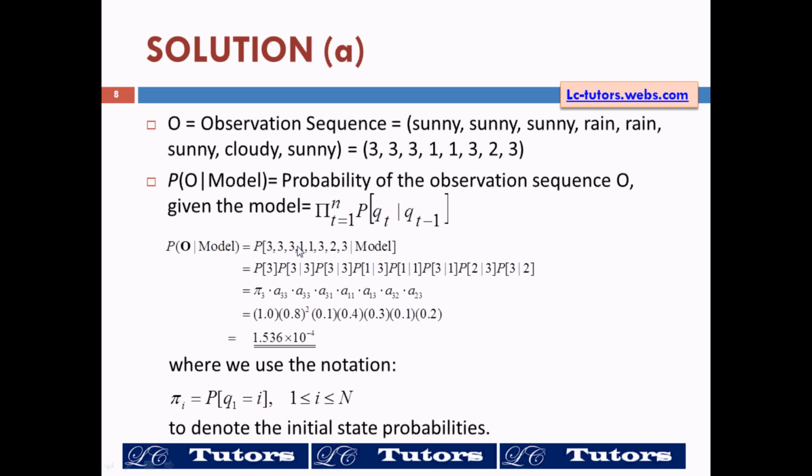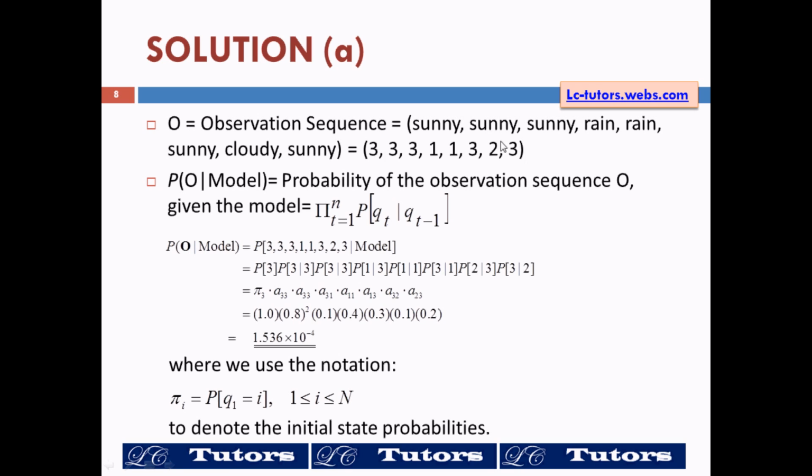Then the next day 1 given 3: we know it is a sunny day, and then it jumps into a rainy day. So sunny day is given, what is the probability of getting a rainy day? And then 1 given 1, 3 given 1, 2 given 3, 3 given 2.